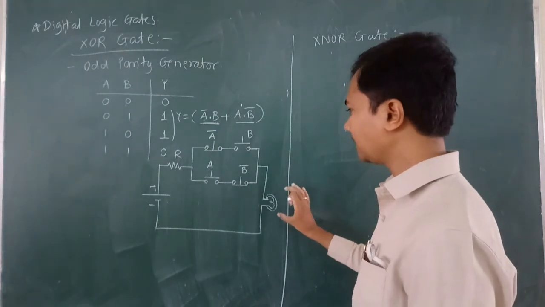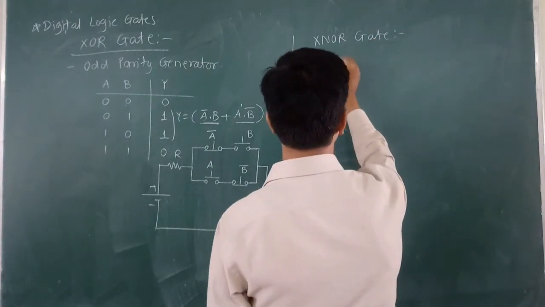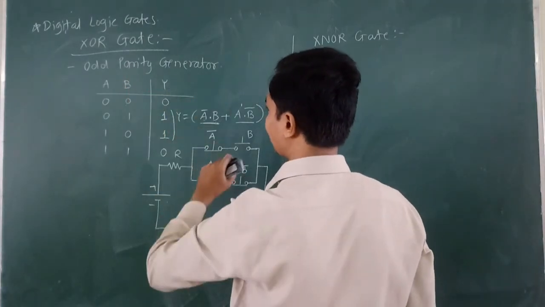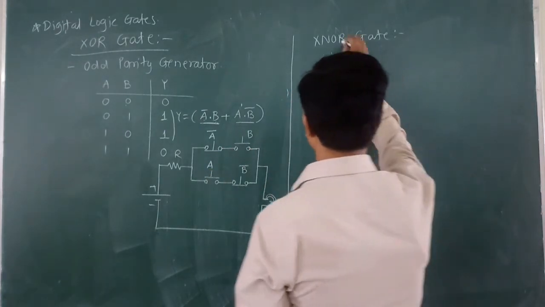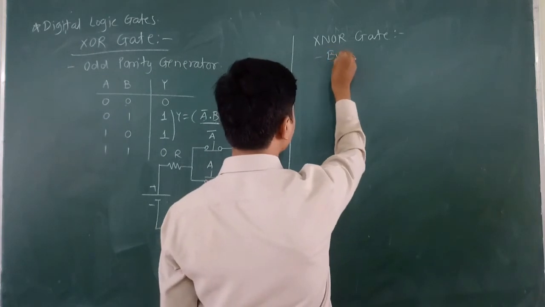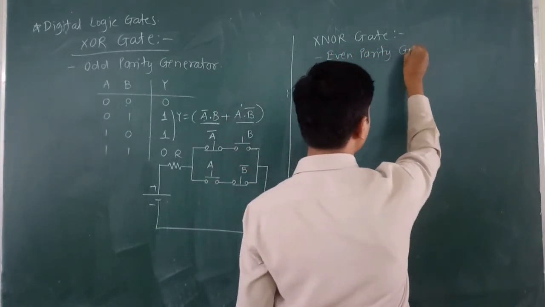That is the XNOR operation. As we have seen, XOR is an odd parity generator. That means XNOR should be an even parity generator.